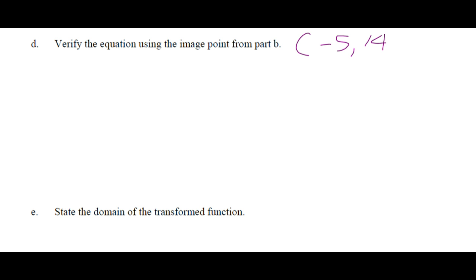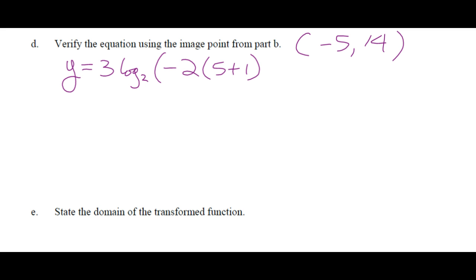They moved it to the right by taking away the... Okay, so the image point has an x value of -5. We expect to get out a y value of 14. That's what we think the equation is going to give us. So if this works, we should get a value of 14.